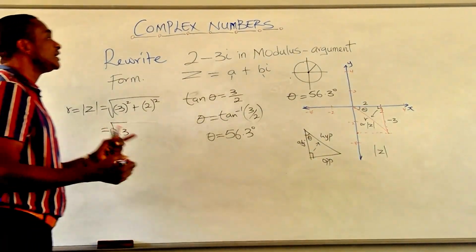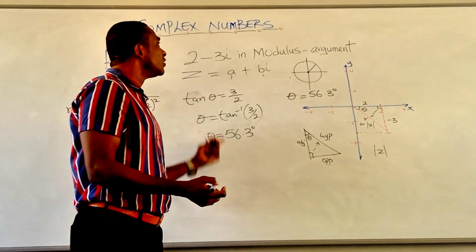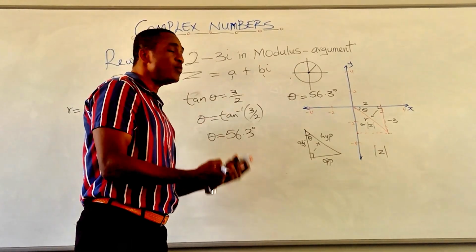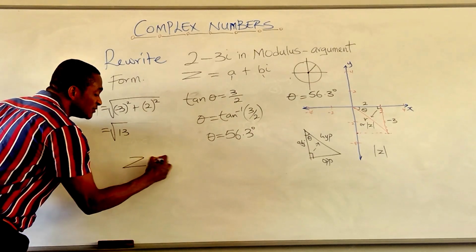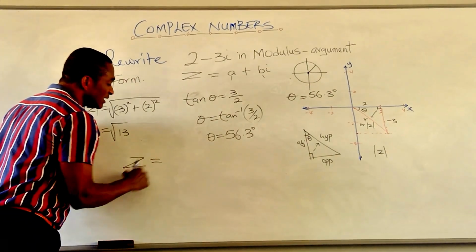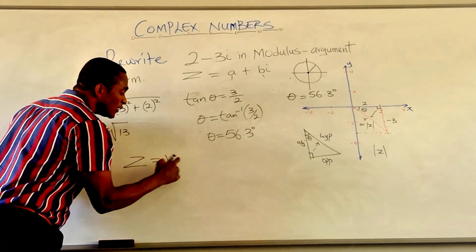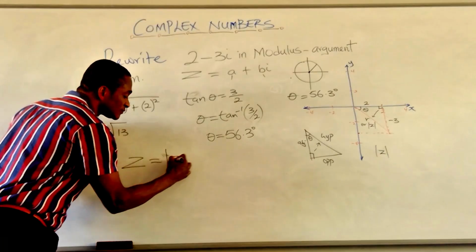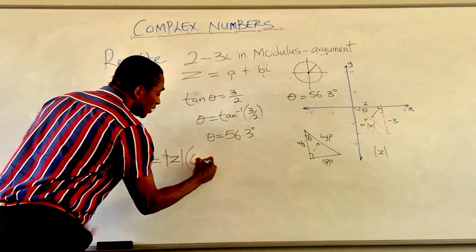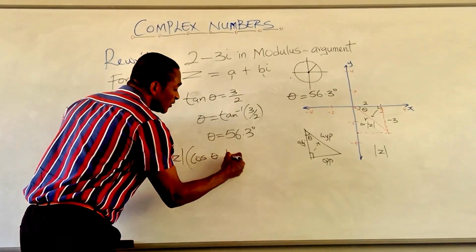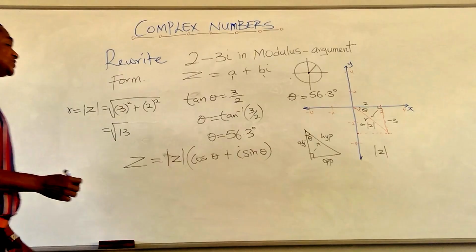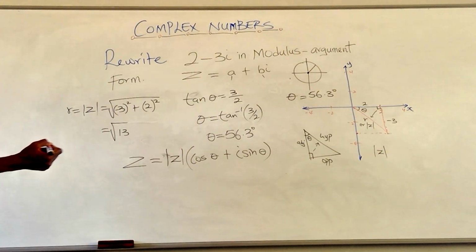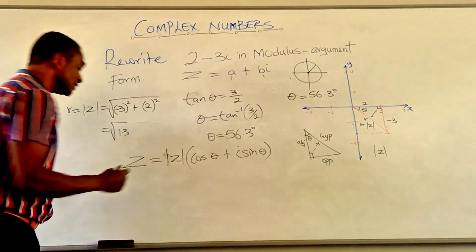Now they want our expression of this complex number in modulus argument form. Now the modulus argument form, the format is r, or what we call our modulus, times cos of the argument plus i sine of the argument. That is the general form. Now we have to plug in these values that we have calculated.